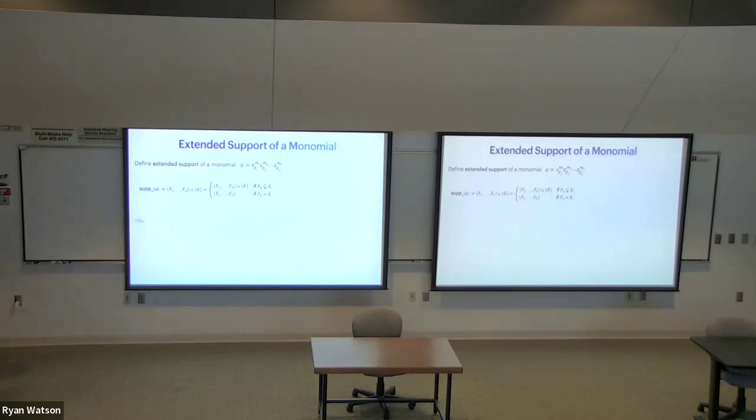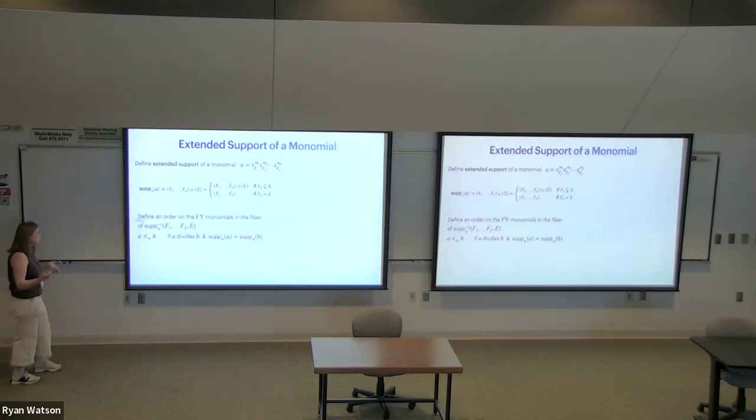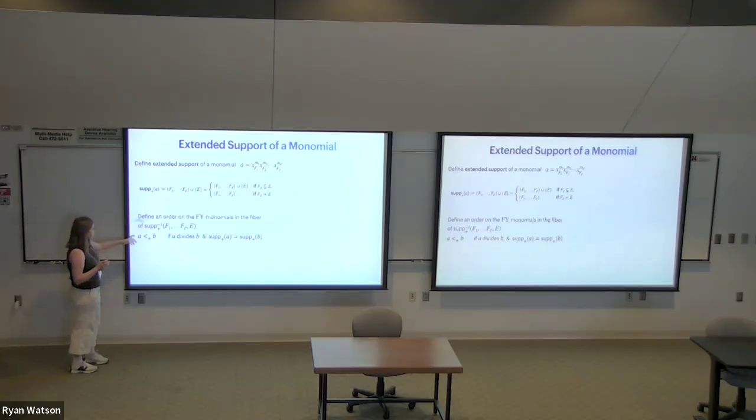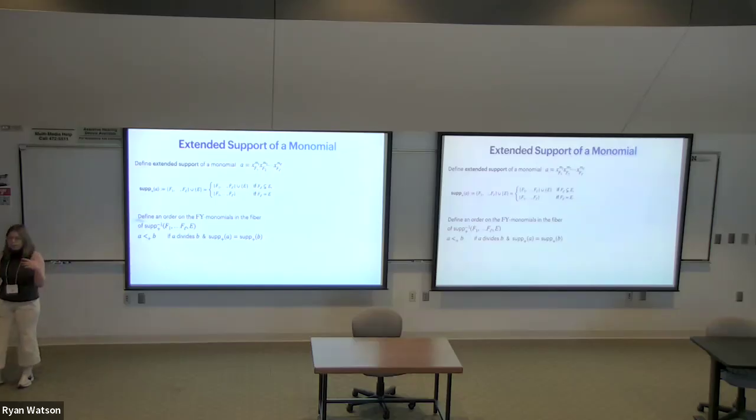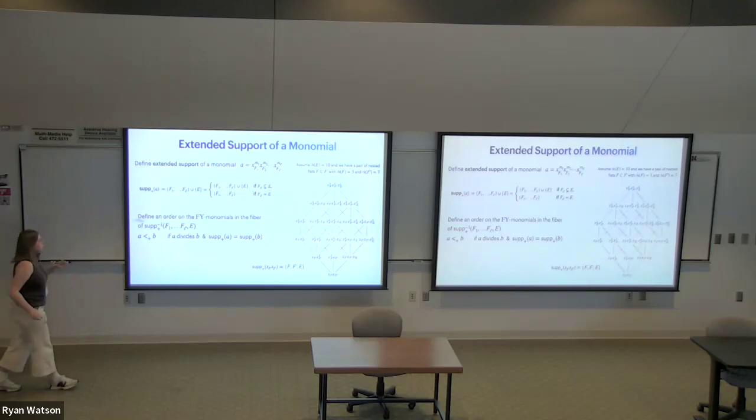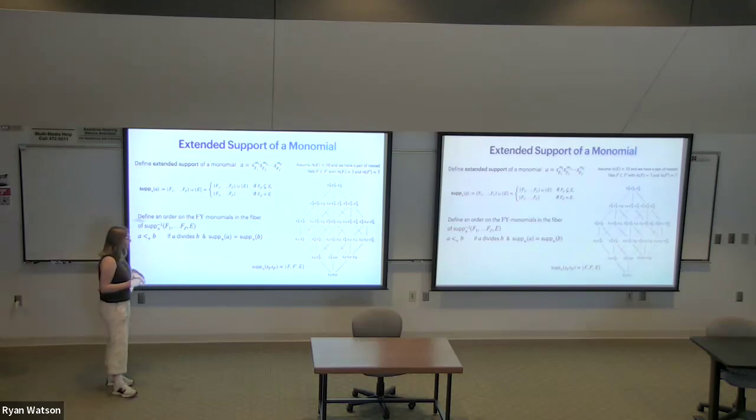It's obviously going to be stable. Then I'm going to define the order on these monomials by saying that monomial A is below monomial B if A divides B and they have the equivalent support. And this order generates a nice distributive lattice like this.